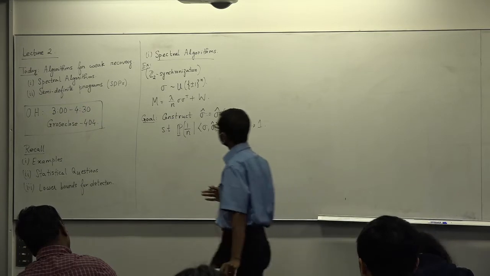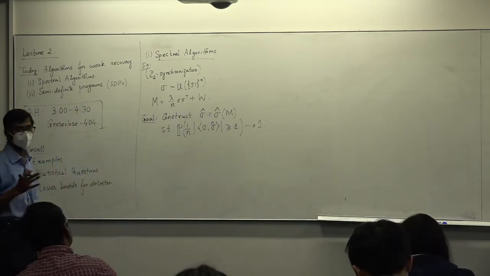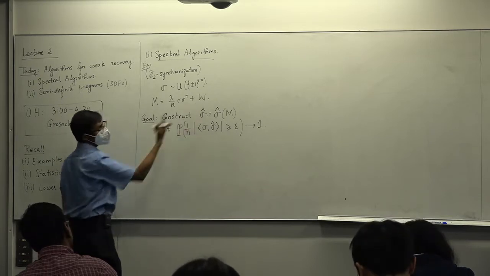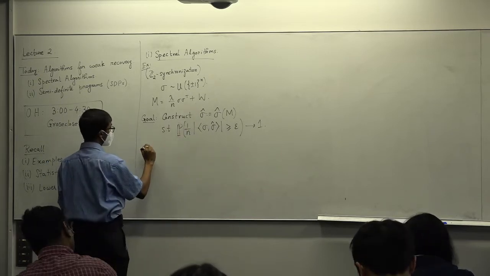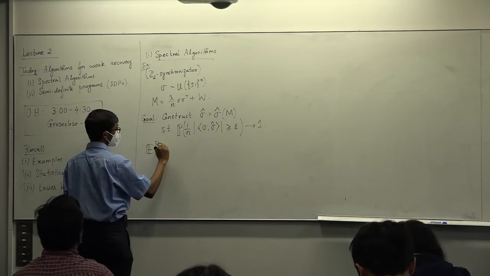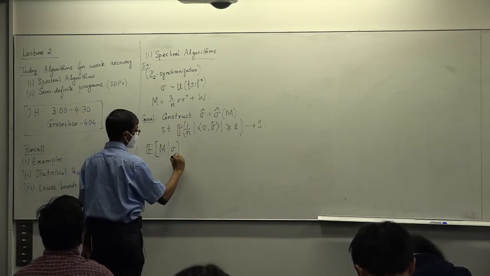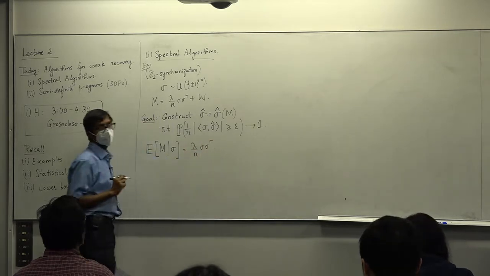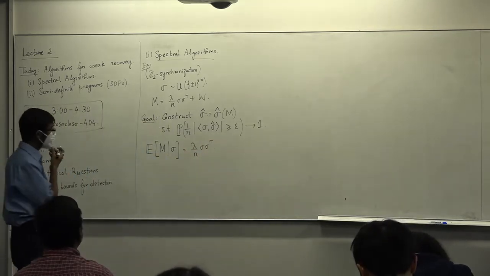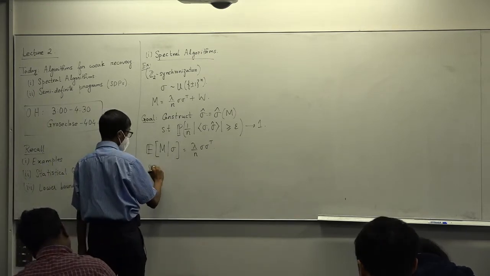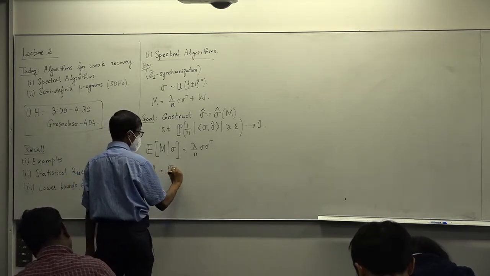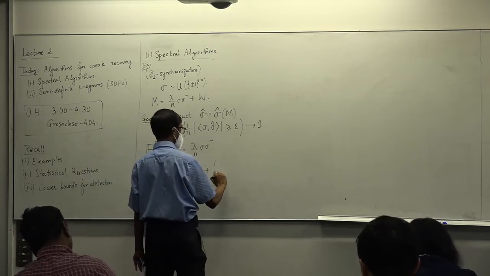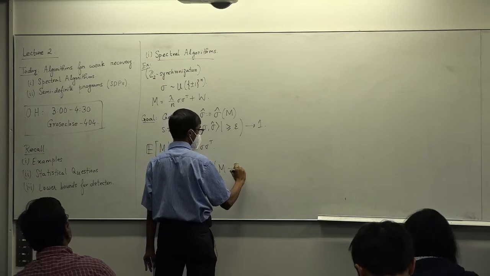Here is a first level idea. The point is to note that because this is centered Gaussian noise, the expectation of M given sigma is exactly lambda over n sigma sigma transpose. Therefore, I can decompose my matrix as the conditional expectation plus some kind of an error term.